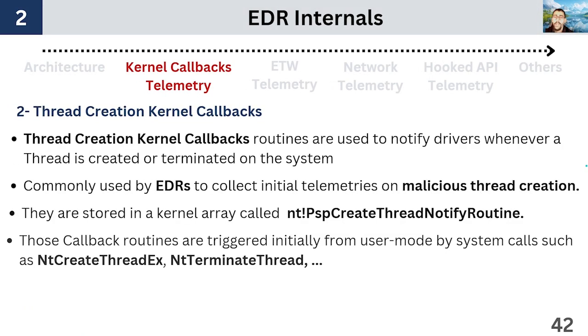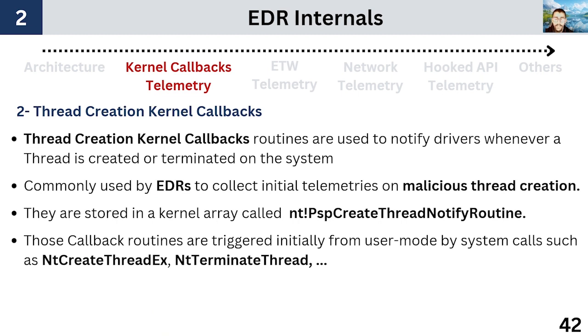Now let's take a look at the thread creation kernel callbacks. Thread creation kernel callbacks are low-level routines in the Windows kernel that are triggered whenever a thread is created or terminated. They serve the purpose of notifying registered drivers about thread creation events, allowing these drivers to collect telemetry and monitor thread behavior.